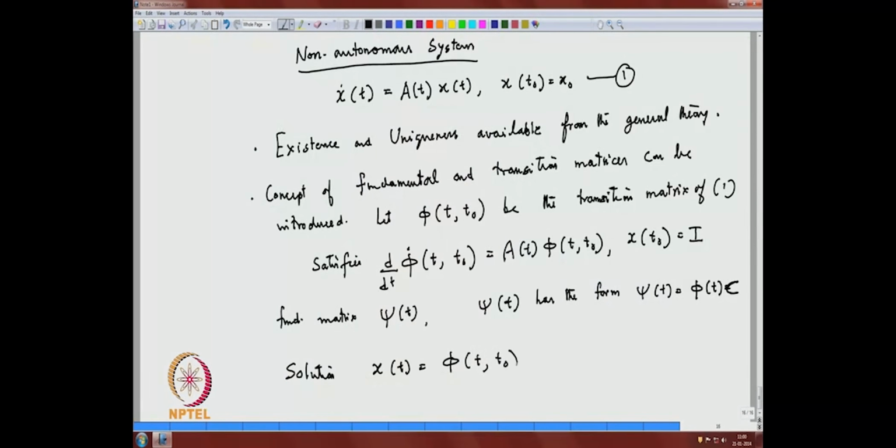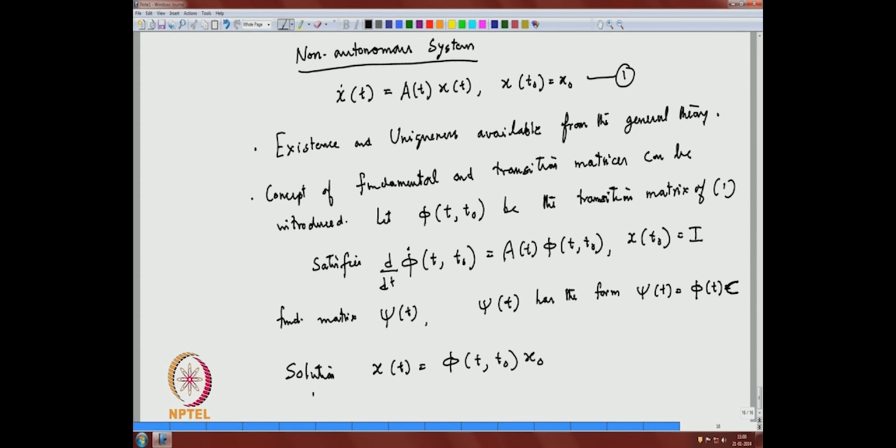In the earlier case you have a representation of e power t, so you have your phi of t naught of x naught. So, you have your solution, that is all you can do for the homogeneous equation, and this is called the transition matrix.